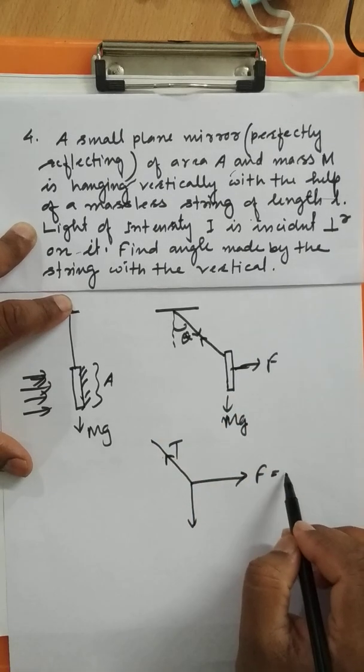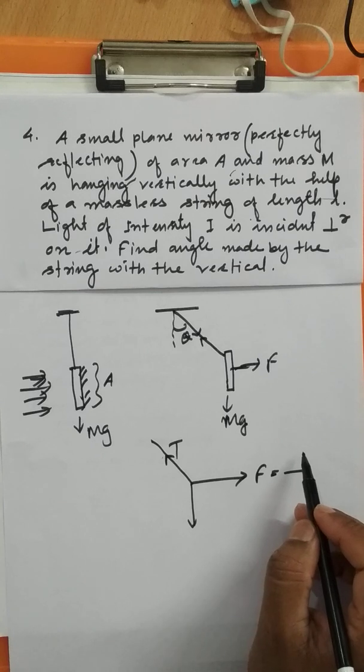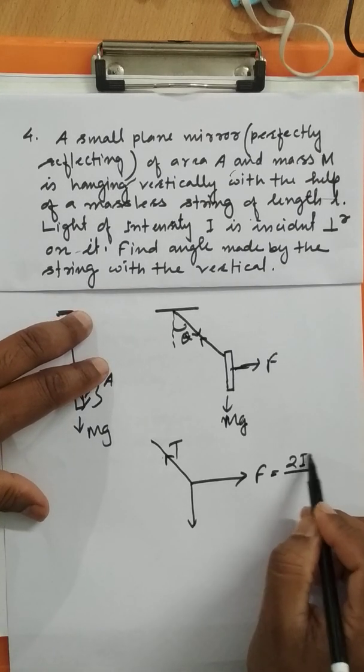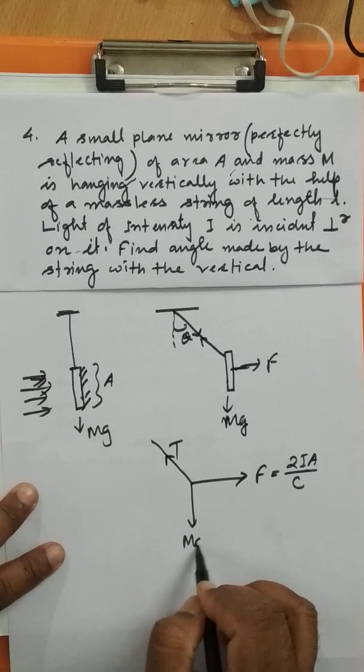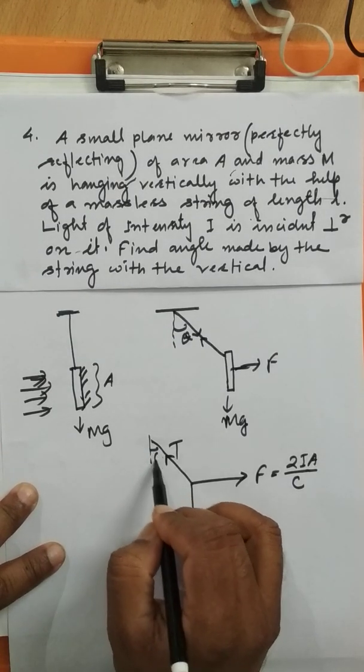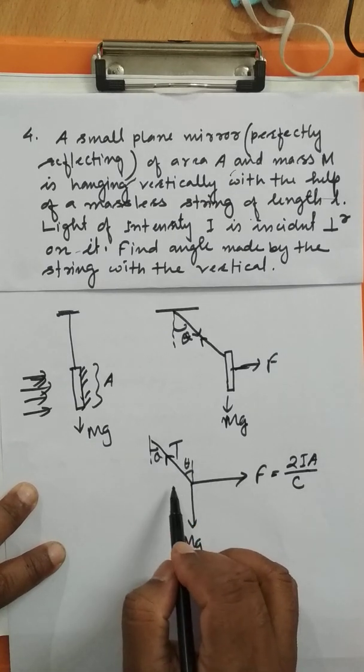It is perfectly reflecting, so that is why this is the perfectly reflecting surface. Your total force will become twice IA by c force. In the downward direction there is your mg. So if you see this is theta, then we can assume this is also going to be theta, alternate interior angles.